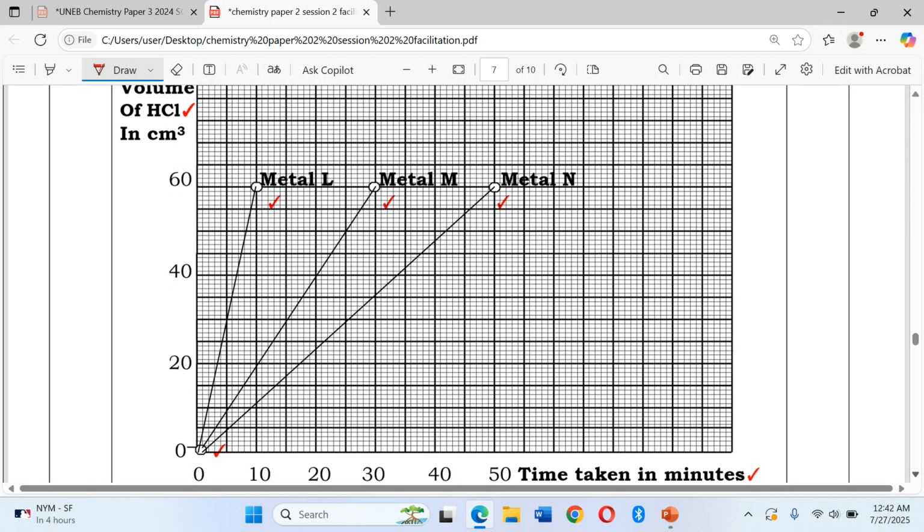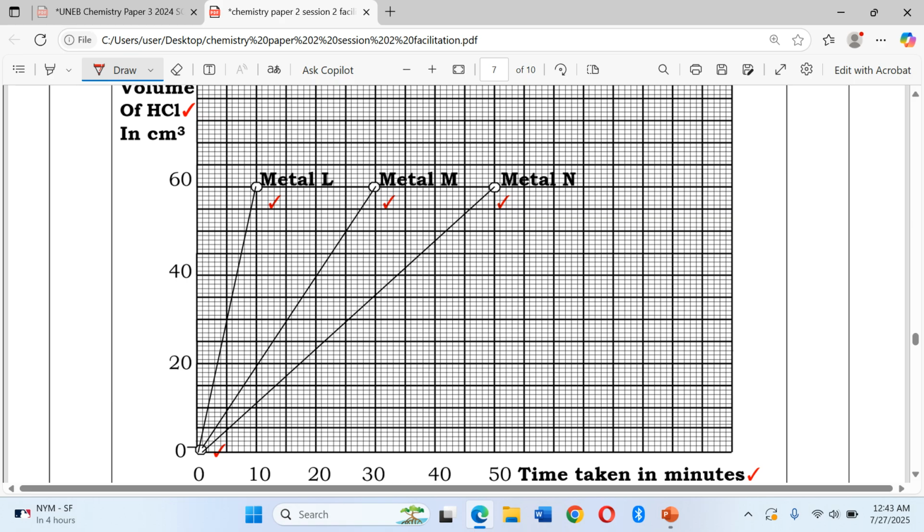That's why I said let us always make sure that we don't just copy and paste. Instead, we always look through. If there's any error made somewhere, let me know in the comment section and then we can rectify it if I have not seen that kind of error. So here we have metal L, metal N, and metal M.